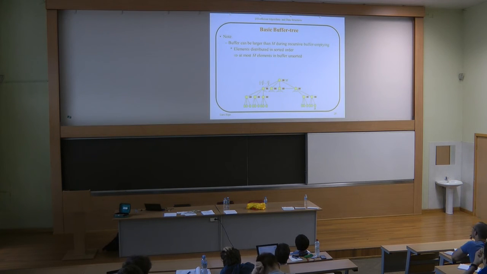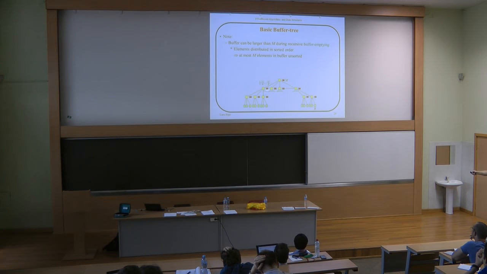Before we do that, two notes. I hope it's clear to you that between buffer emptyings, buffers can actually get very, very big, right? If this buffer here is full and I push the elements down here, it could happen that they all go to this buffer.